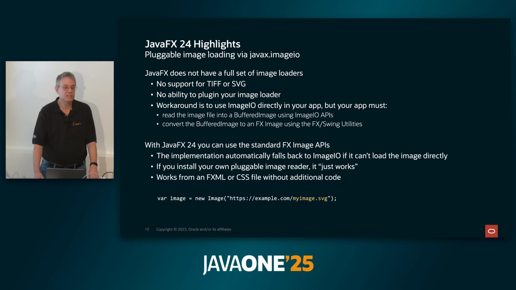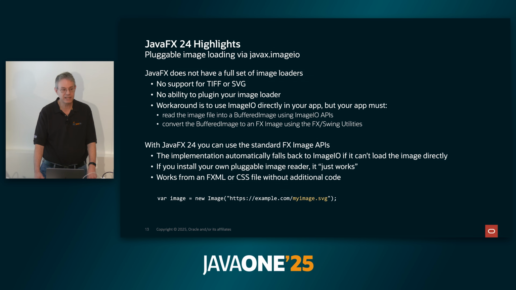So pluggable image.io loading. One of the big limitations of JavaFX's image loading is we don't support all of the same file formats that the JDK supports. And what's more, if there's one that's not one of the ones that we support or is supported by default in Java 2D, you can't even write your own.